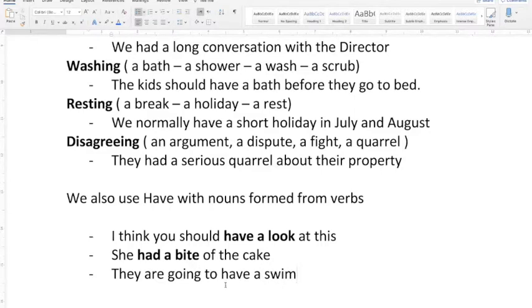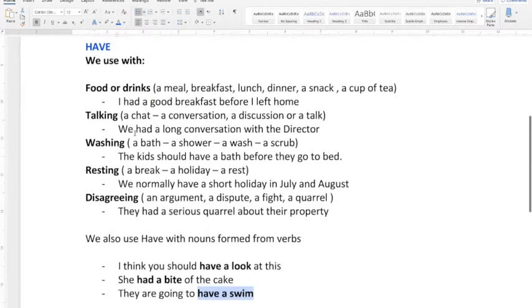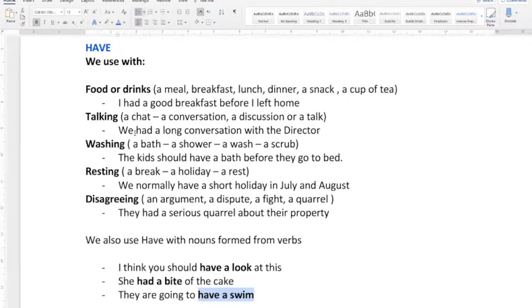So have a swim is what we normally form, a noun from the verb. So that is the first lexical verb. Can I give you now 1 minute so that you could write your example?